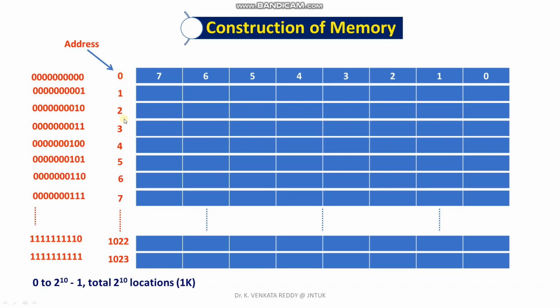The addresses 0 to 1023 can be written as 10 zeros to 10 ones in binary. In other words, it is 0 to 2 to the power of 10 minus 1, that is 1023. Total 2 to the power of 10 locations, which in computer notation is called 1 kilo. Now this memory is said to be 1K into 8 memory or 1 KB of memory.